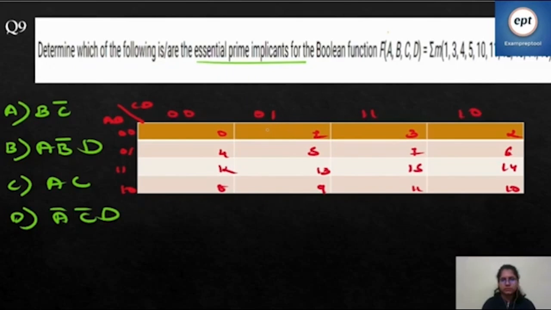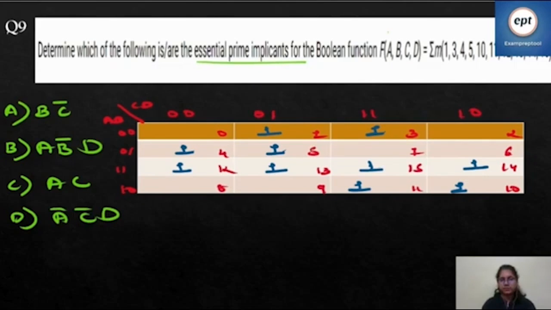So for 1 it will be 1, for 3 it will be 1, for 4 it will be 1, for 5 it will be 1, for 10 it will be 1, for 11 it will be 1, for 12 it will be 1, for 13 it will be 1, for 14 it will be 1, and for 15 it will be 1. So this is how we will get it.